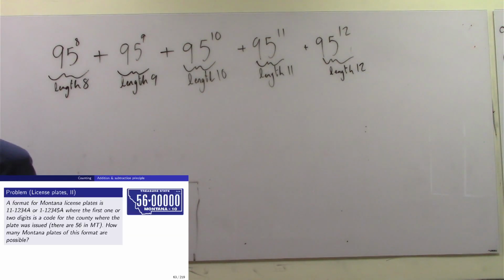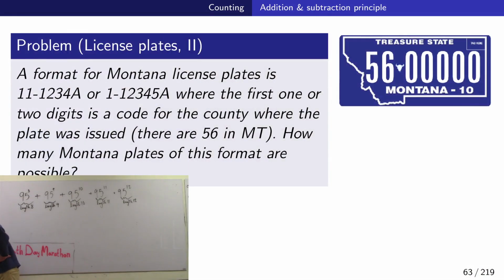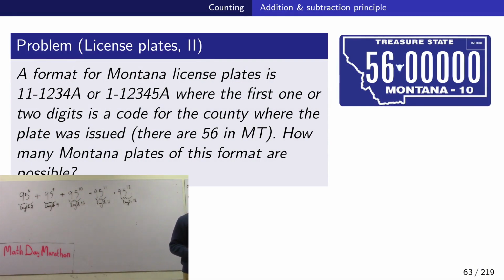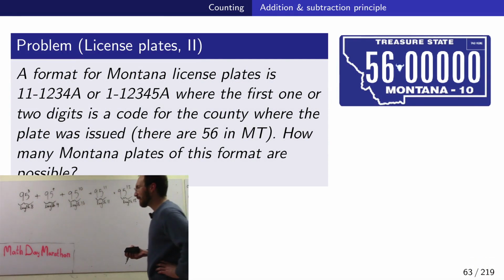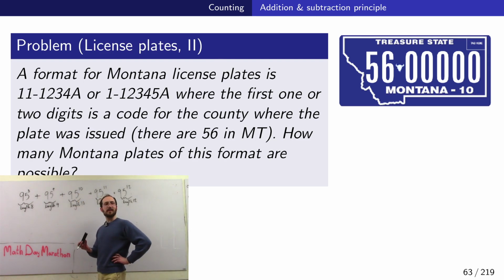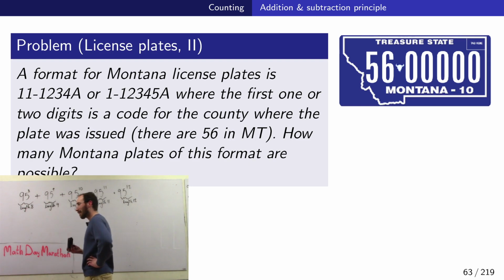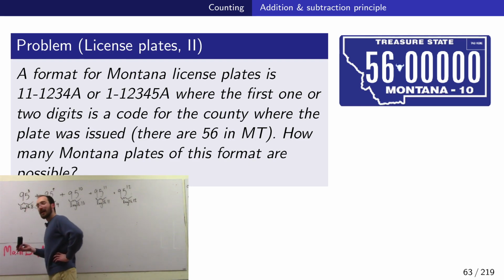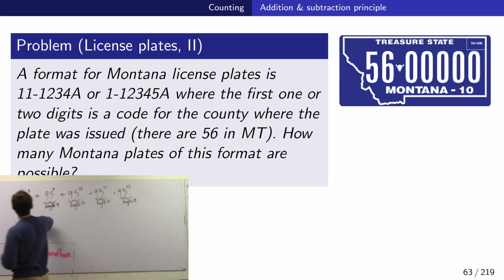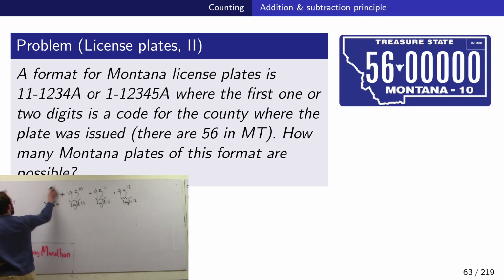So what else can we do here? Yes, bringing it back to Montana. That's what I like to do. Okay, so there's this nice formatting thing that happens in Montana license plates. I looked this up before, and I feel like there's maybe 1 or 2 other states that do something similar to this. Not California, where I'm from. We don't do anything like that. I don't know what the logic is there. Here, it's actually kind of nice.